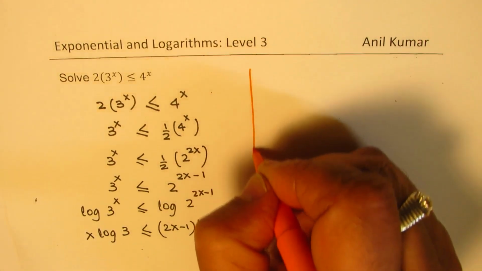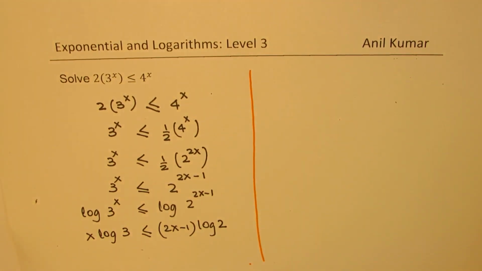So we can bring the x terms together and solve it further. Let's bring the 2x log 2 on the right side. We could bring it on the left or right, and it doesn't really matter much. So let's open this first.